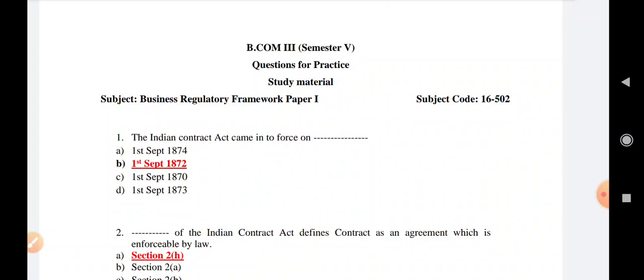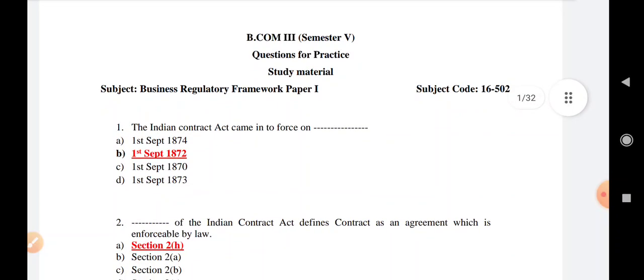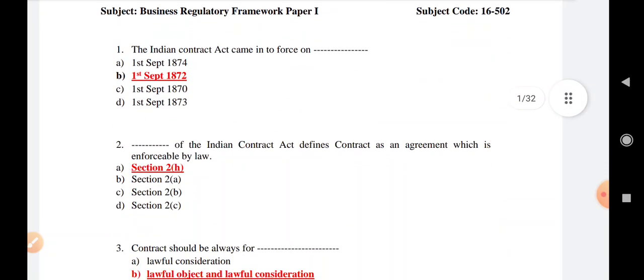All these questions which I am discussing in this lecture are only for practice. There may be other questions also, for which you have to do your own self-study. Next question: dash of the Indian Contract Act defines contract as an agreement which is enforceable by law. Here are again four options.